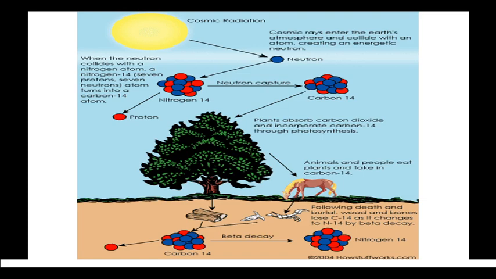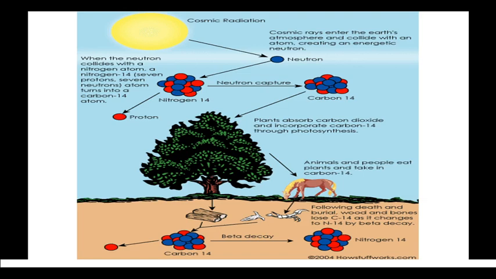So this picture shows how the radioactive carbon dating process is done. On the top of the slide there is a sun from which cosmic radiations enter the atmosphere. On entering the Earth's atmosphere, they collide with an atom, producing a neutron.